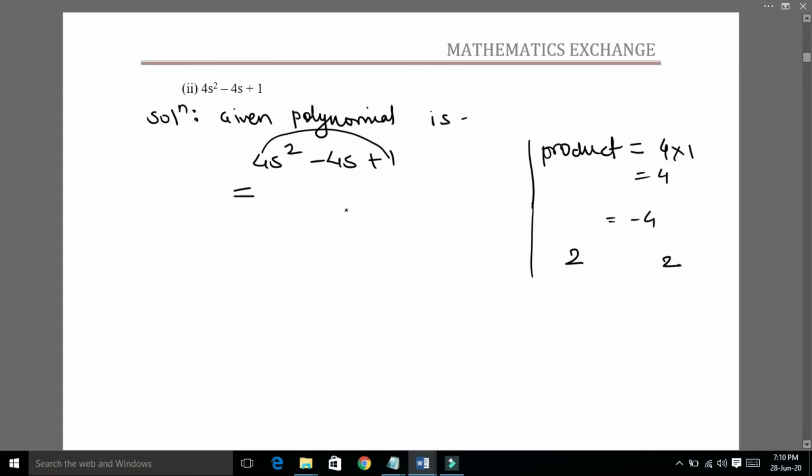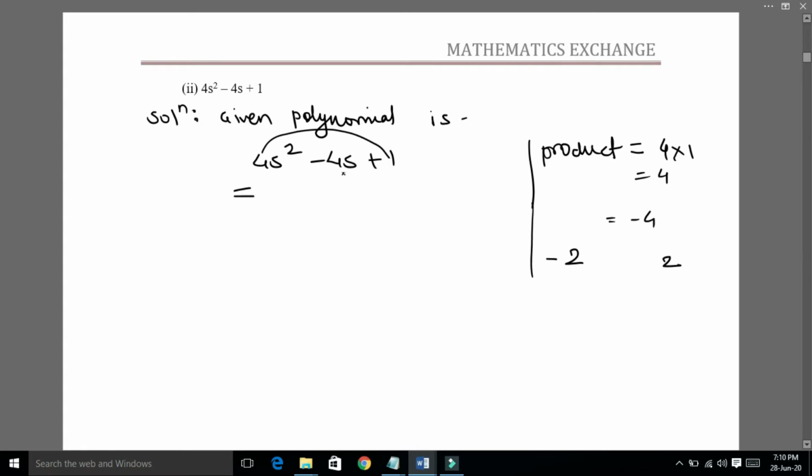Now we apply the sign here. The middle term is negative, so we apply a negative sign to one of the two numbers. Now we check the product term sign. Here the product is positive, so the product will be positive if and only if both the terms are negative or both the terms are positive.